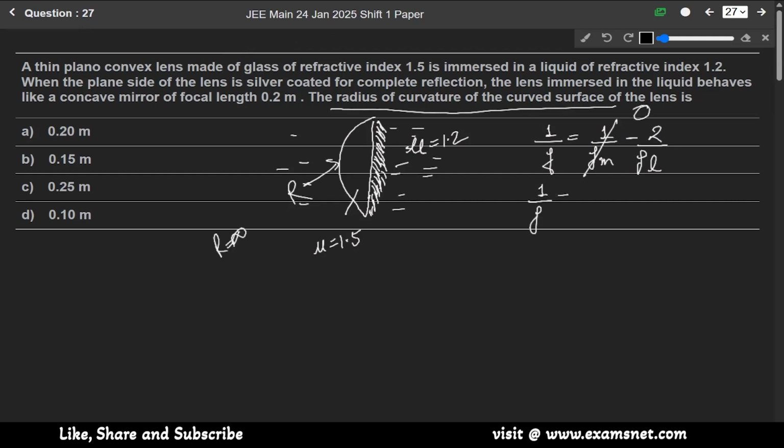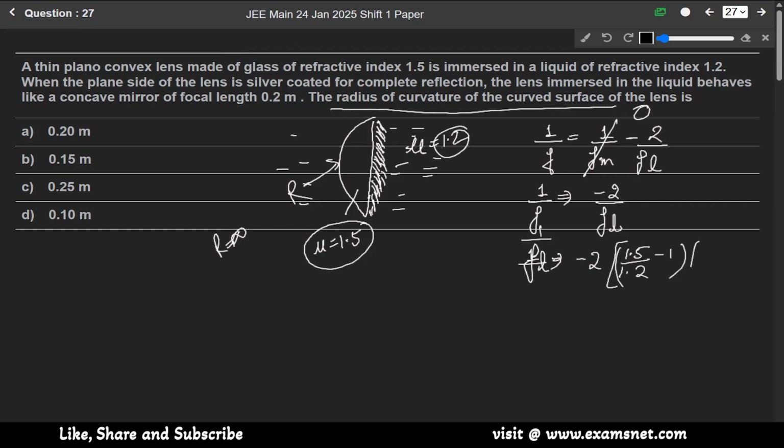So 1 over F will be equal to minus 2 over Fl, and we know that 1 over Fl is equal to the refractive index of the plano-convex lens 1.5 over the refractive index of the surrounding 1.2 minus 1, into 1 over R1 minus 1 over R2, but since R2 is infinity, that will be 0. So we'll get only 1 over R.